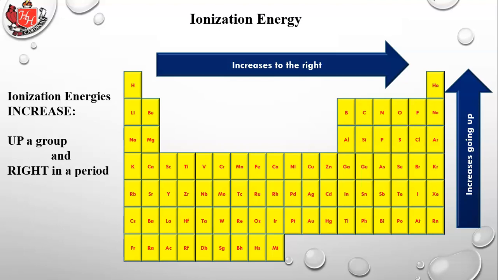So that means the highest ionization energies are in the upper right-hand corner of the periodic table. If you look at some of the elements up there, would be oxygen, fluorine, neon, helium. Those have very high ionization energies, meaning that it's very difficult, almost impossible, to pull an electron away from them. It takes so much energy that it will pretty much never happen.